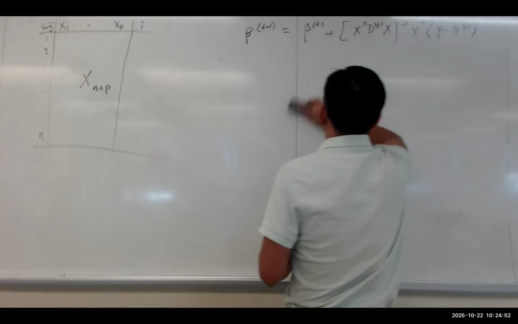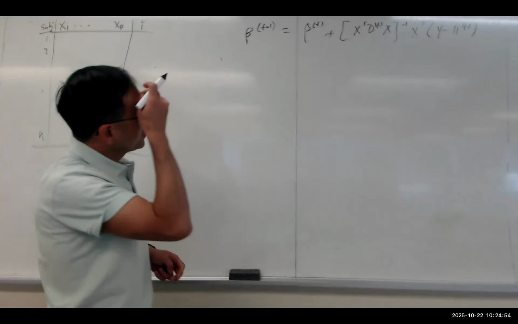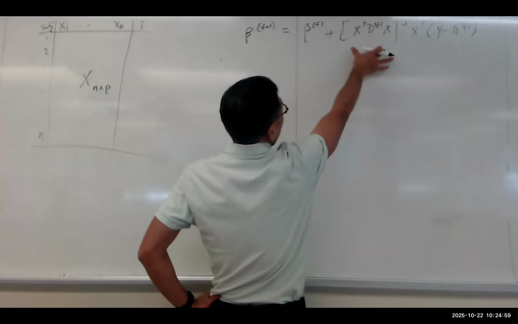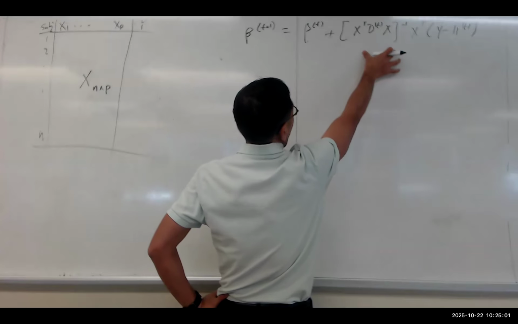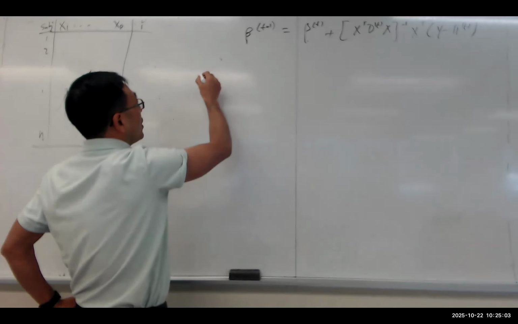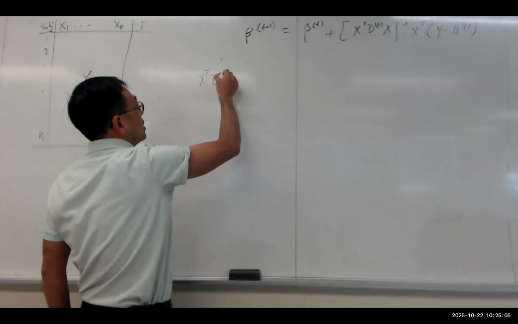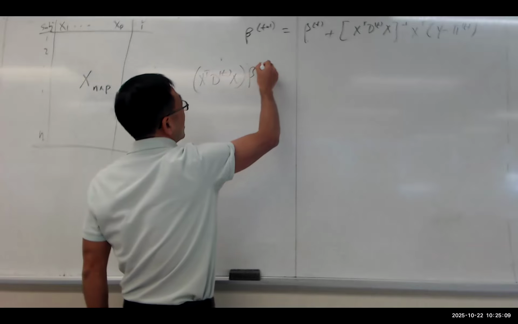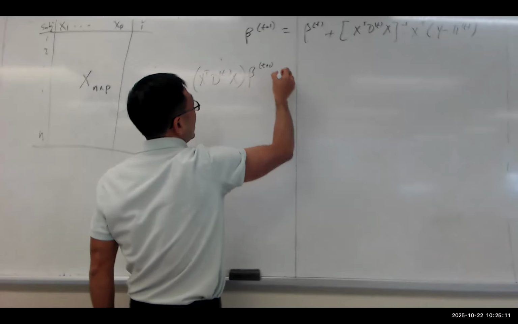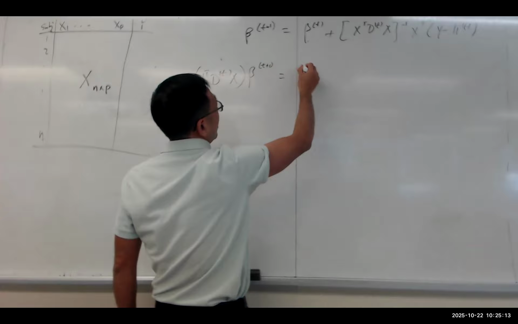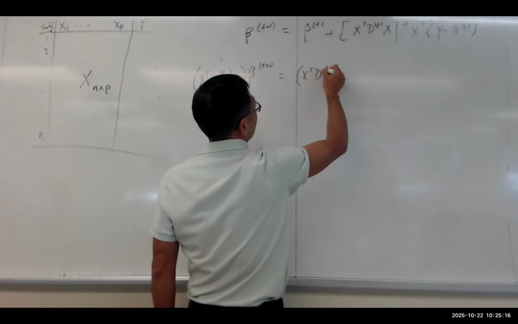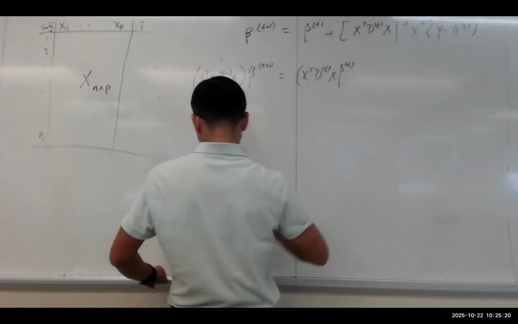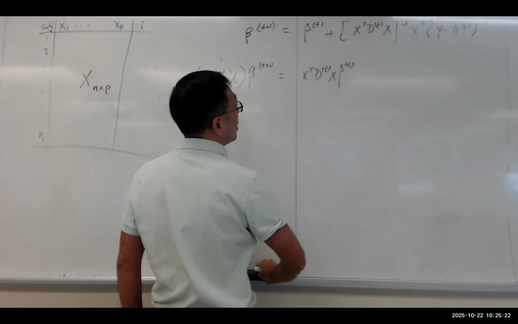Now let's do some further evaluation. If we multiply both sides by x transpose Dt x, what you're going to have is x transpose Dt x times beta t plus 1. This is going to be equal to x transpose Dt x beta t for the first term.